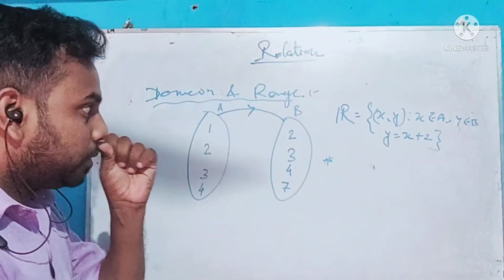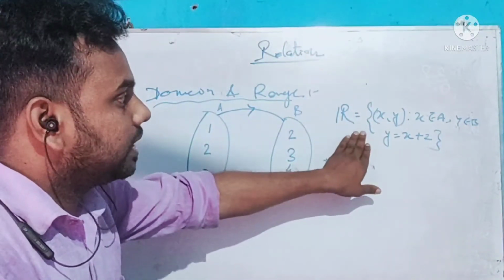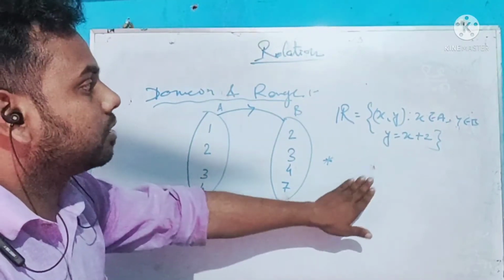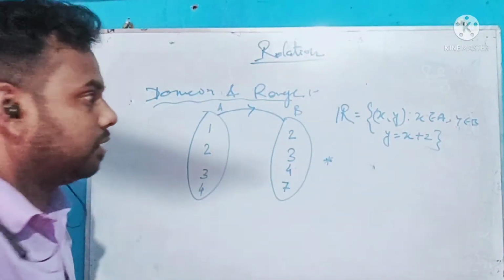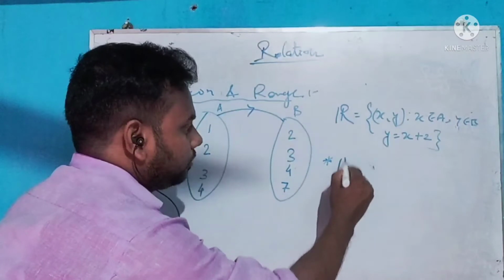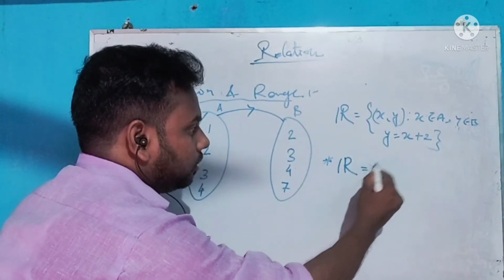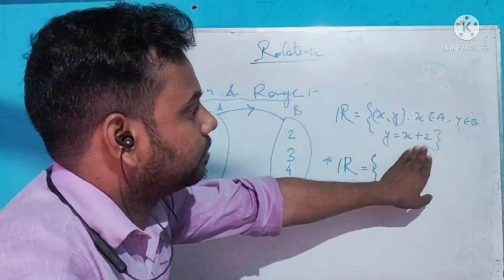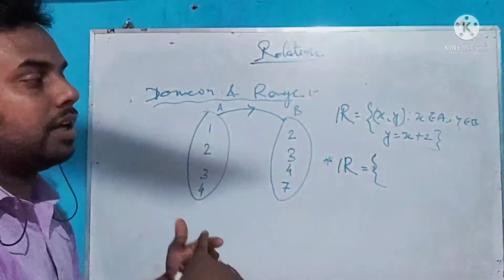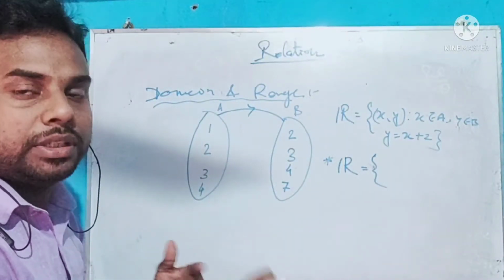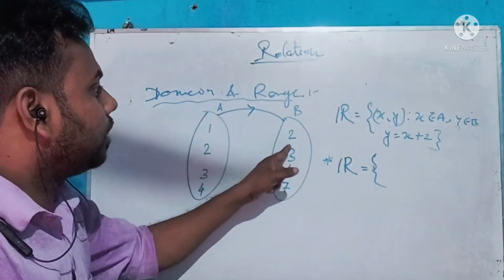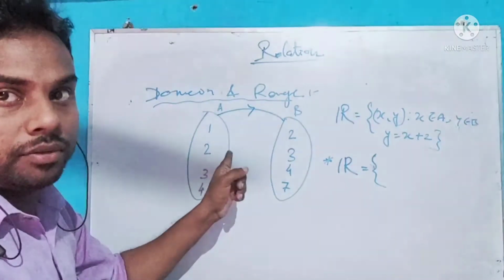First of all, we have to convert this set builder form into roster form. That is, we have to find the roster form of the relation R. So let's see how to find the roster form. The condition given is y = x + 2. That means we put in the value of x, get the value of y, and check which value of y is connected with which value of x.